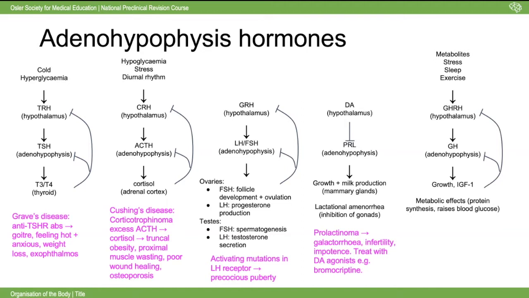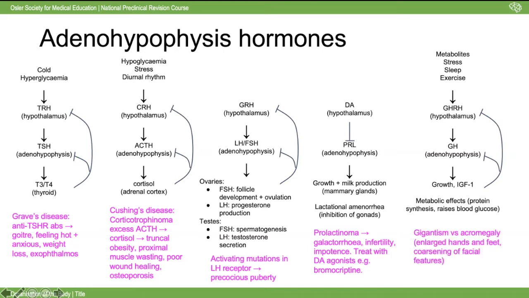And people tend to just stop at growth and think growth hormone means it stimulates growth. But don't forget that growth hormone also has metabolic effects. So it increases protein synthesis and raises blood glucose. And those things have a negative feedback effect again on the hypothalamus and the adenohypophysis.